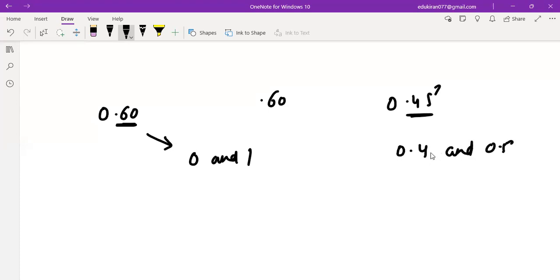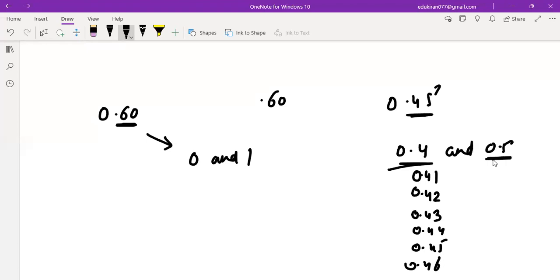Because after 0.4, what will come? 0.41, 0.42, 0.43, 0.44, 0.45, 0.46. So it is lying between 0.4 and 0.5.